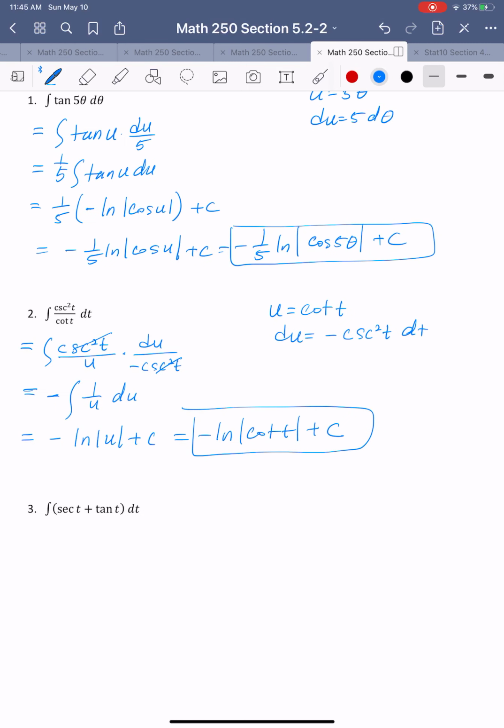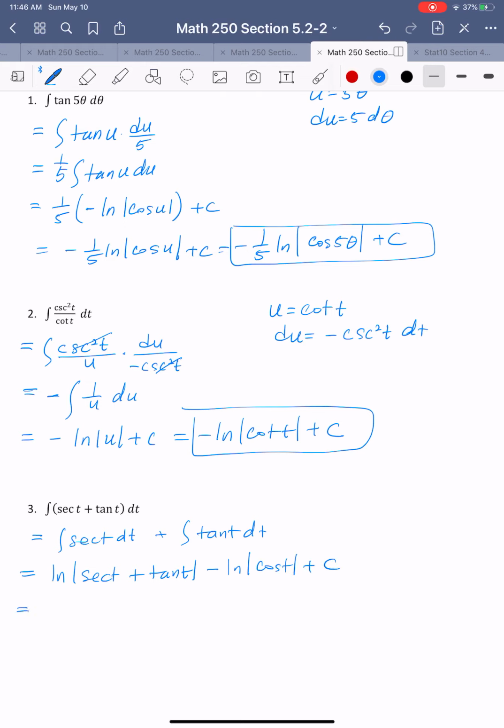All right, third one. I have the integral of secant t plus tangent t dt, so I separate it: the integral of secant t plus the integral of tangent t dt. Secant t gives ln of secant t plus tangent t, and tangent gives negative ln of cosine t plus c.